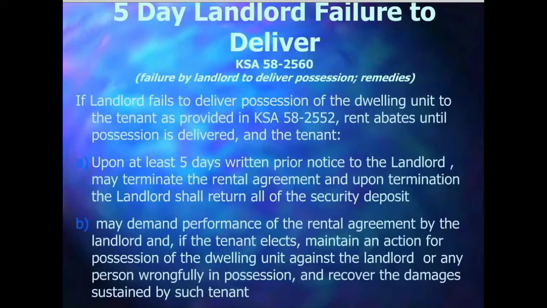Or the tenant may demand performance of the rental agreement by the landlord, and if the tenant elects, maintain an action for possession of the dwelling unit against the landlord or any person wrongfully in possession, and recover the damages sustained by such tenant. This is language from the Kansas Residential Landlord Tenant Act.